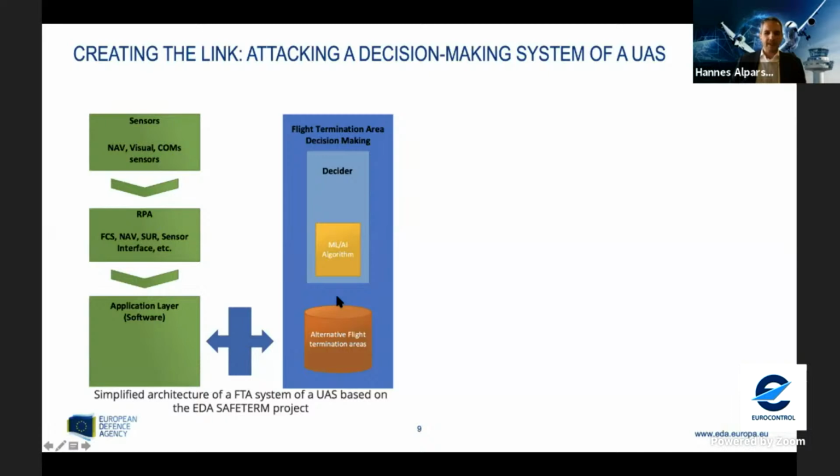Please understand that this is a very abstract version, and this is a hypothetical scenario, which is already mitigated in the real model. So don't try. So you have this ML AI algorithm here in the yellow box in the flight termination area decision-making column, which will decide what is the best place to land this unmanned aircraft in case of failure.